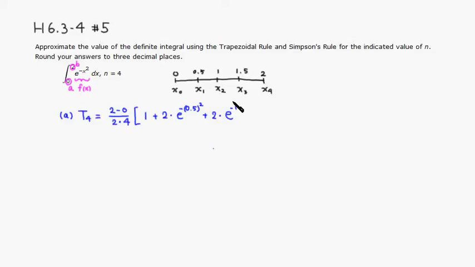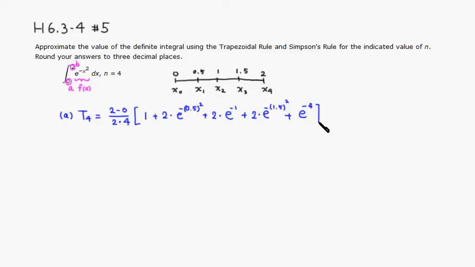And the next one is 1.5, so 2 times e to the negative 1.5 squared, plus, plug in 2, so it's going to be e to the negative 2 squared, which would be 4, so it's negative 4.